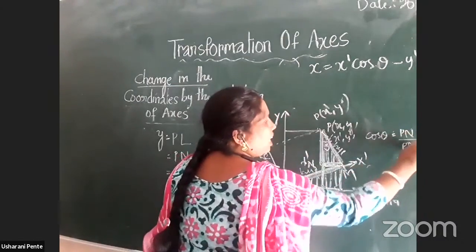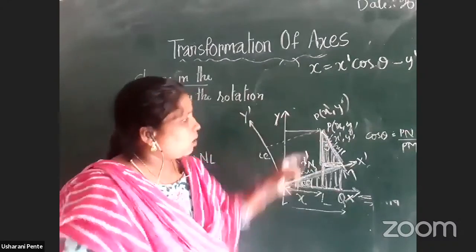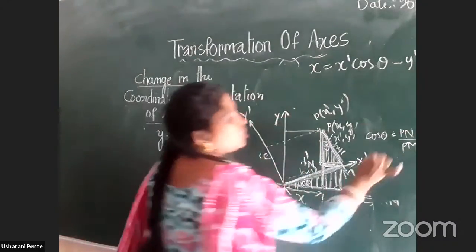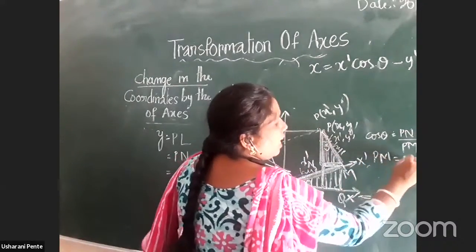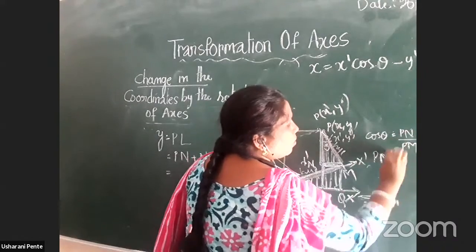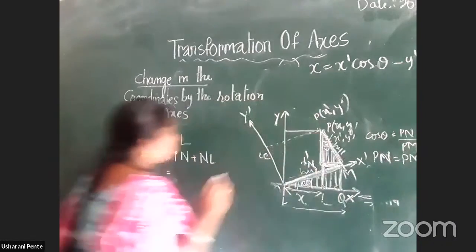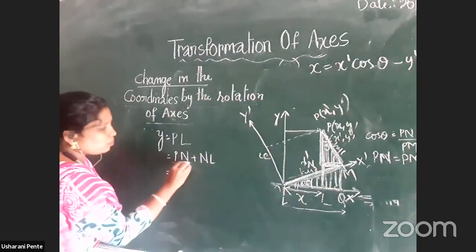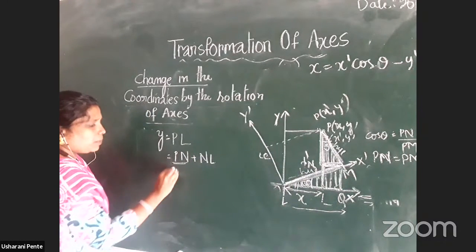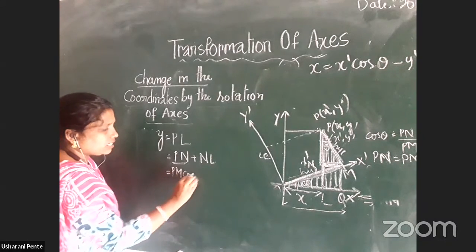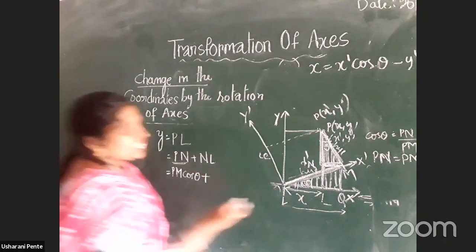So PN can be written as PM into cos theta. So in place of PN, I am writing PM cos theta, plus this NL.